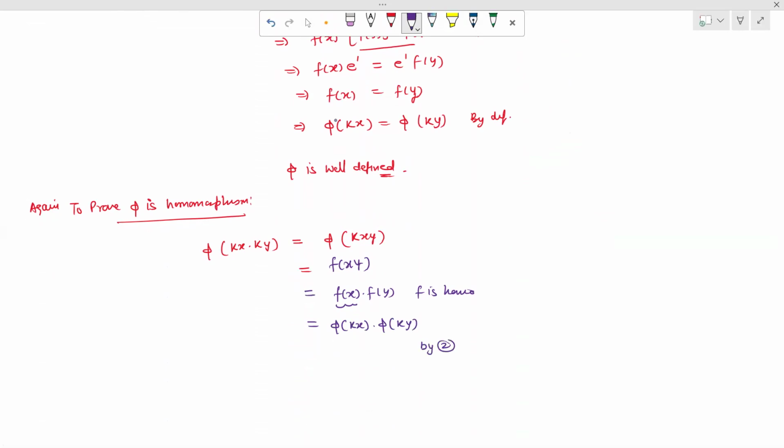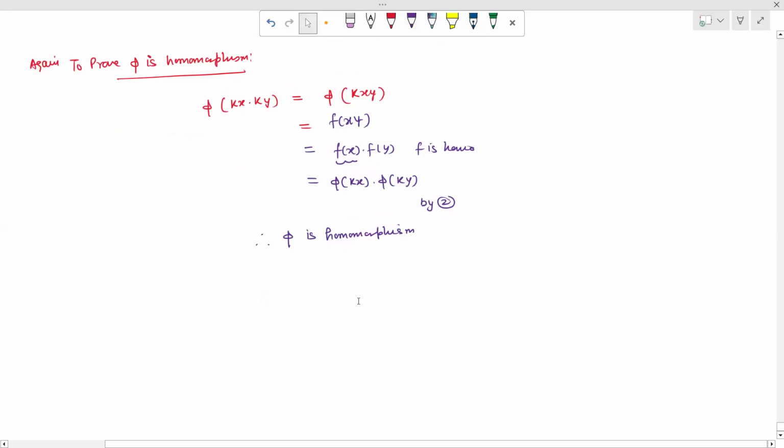So phi of kx into ky equals phi of kx into phi of ky. So it means that function phi is a homomorphism.